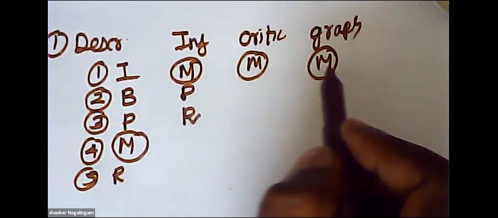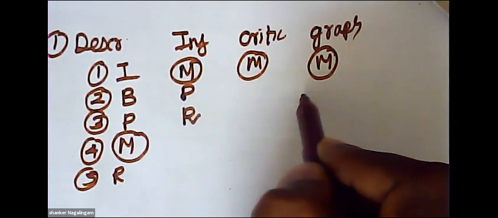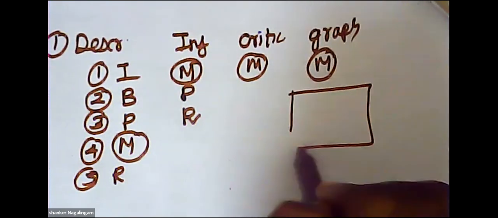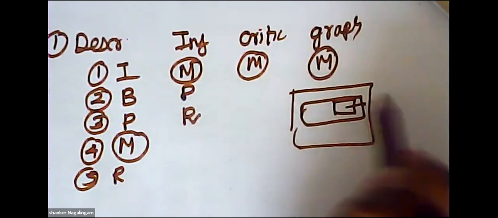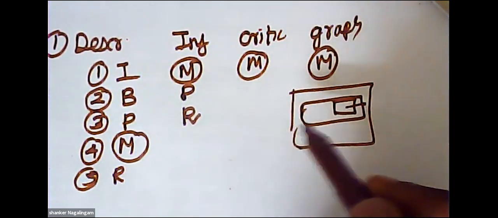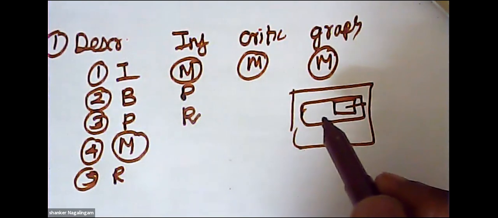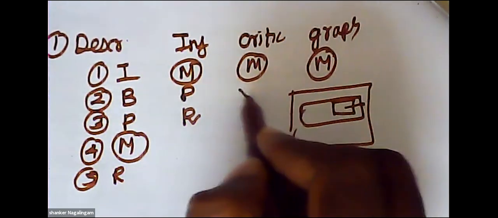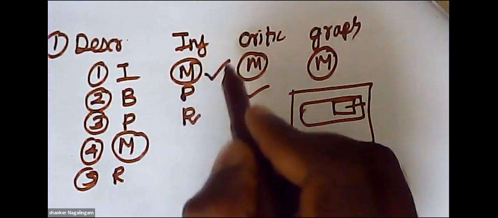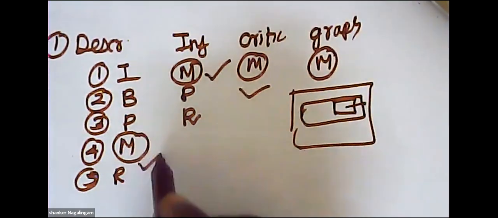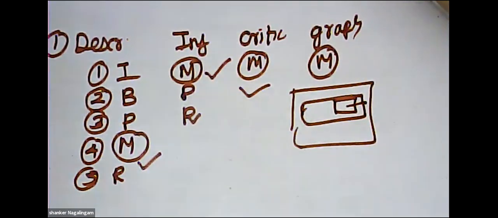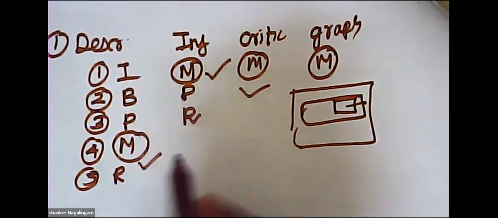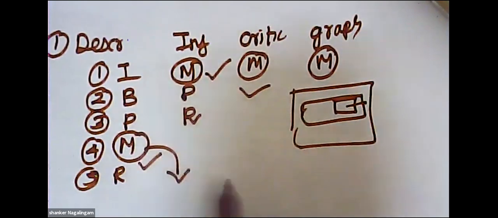In any abstract, whether critical or graphical, you can see the abstract itself will have a picture. If this is the abstract, it will have a picture here. You can identify this is a graphical abstract, no doubt. But still, you may be confused about which is your critical abstract, which is your informative abstract, and which is your methodology. In that case, methodology is started by any academic writer by giving a hint to the reader.